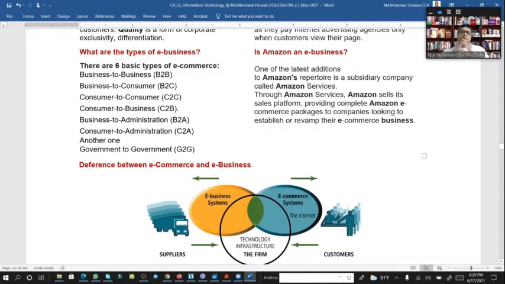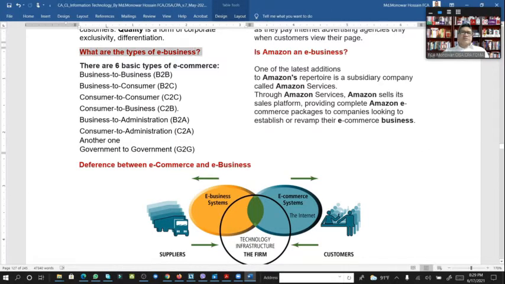So what are the types of e-business? Basically there are different e-business models. One is business to business, B2B. Then business to consumer, B2C. Consumer to consumer, C2C.